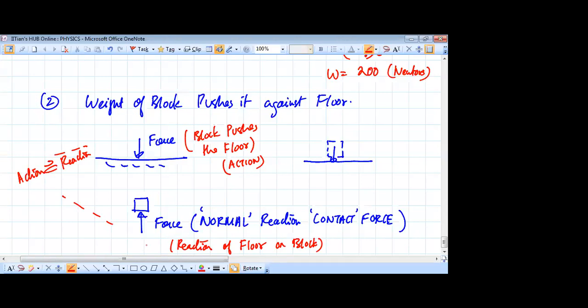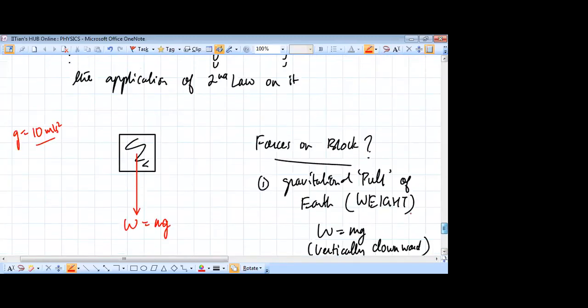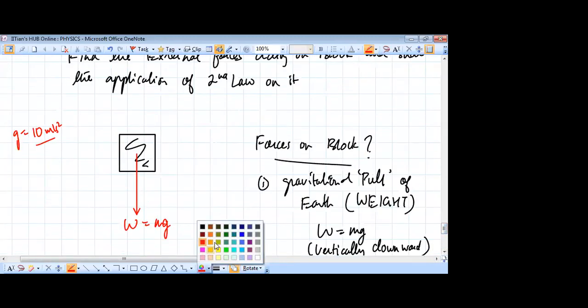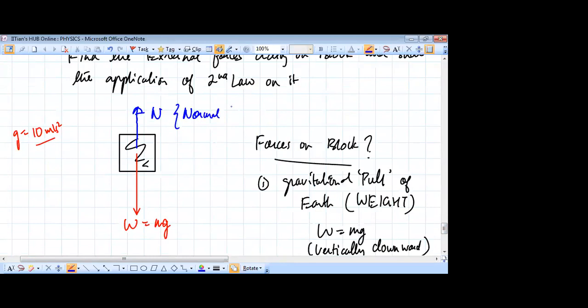Okay. So coming back to the diagram of the block, in addition to this weight, it is experiencing an upward force. And we will denote this upward force by N. This is the normal reaction.